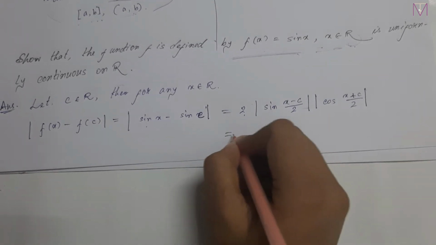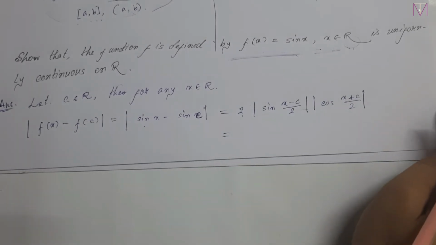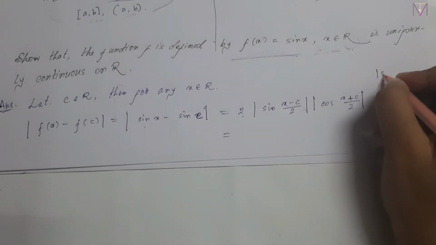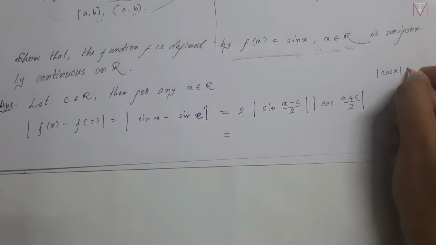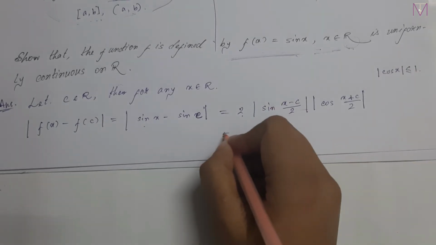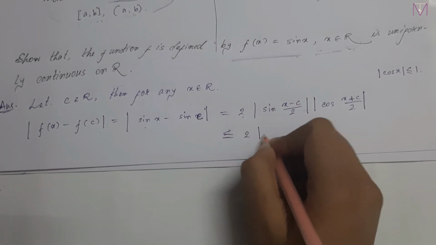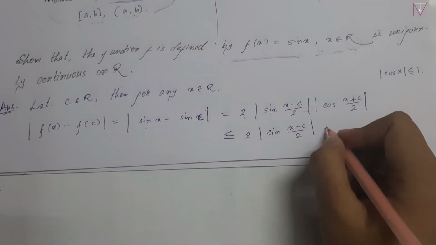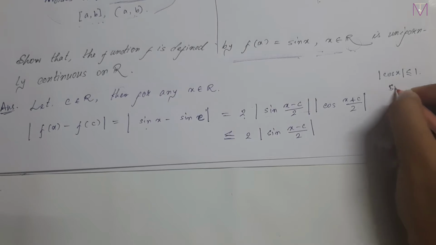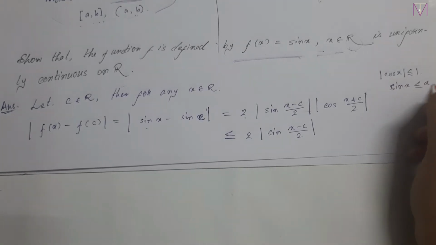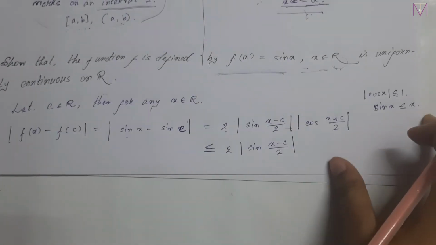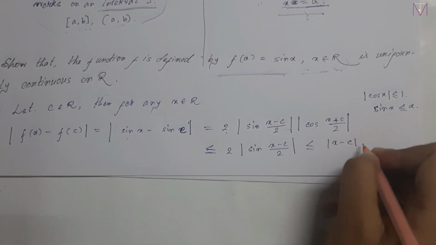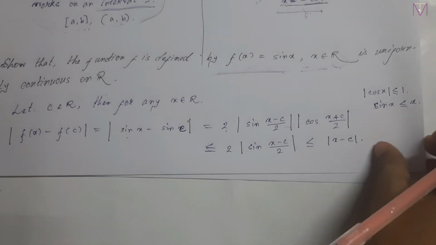Now we know that |cos x| is less than or equal to 1, so we can say this is at most 2|sin((x - c)/2)|. Again, |sin x| is less than or equal to |x|, so this is less than or equal to |x - c|.